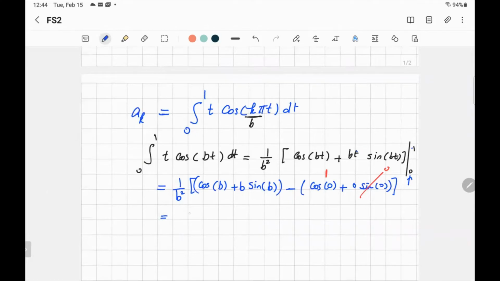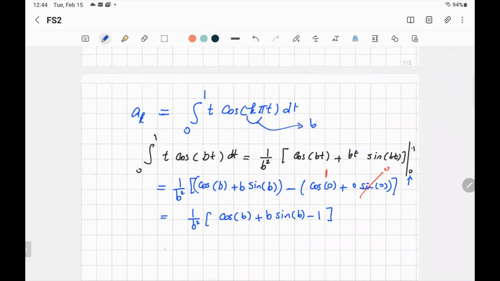That's what we got until now. It's equal to 1 over b square, cosine b plus b sine b minus 1. That's without substituting b. Now I'm going to substitute b equal to k pi, as we read here. Maybe somebody thinks it's divided by b. No, that's your b.